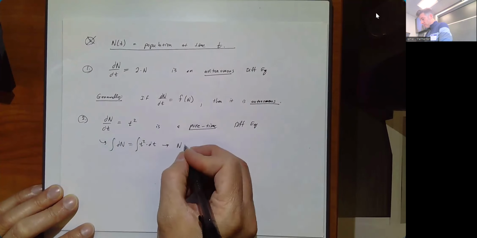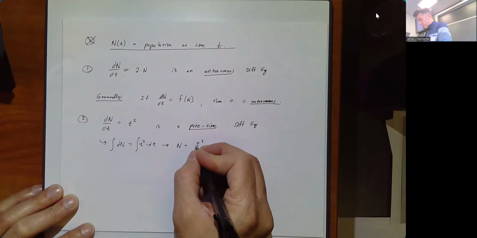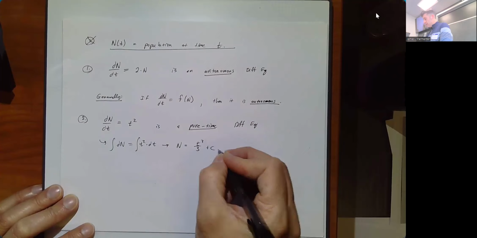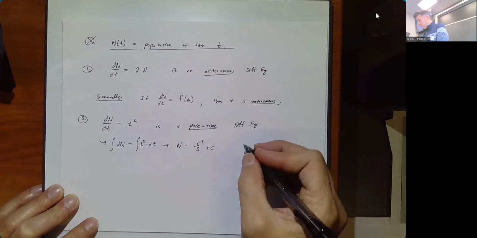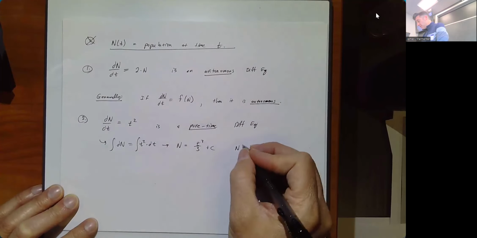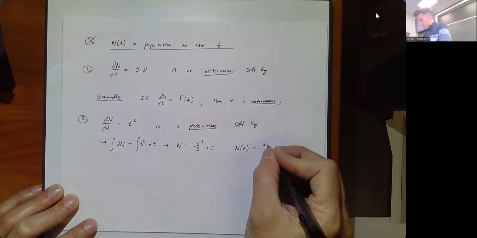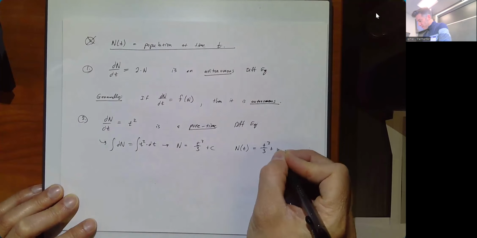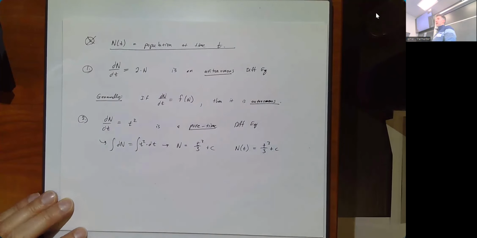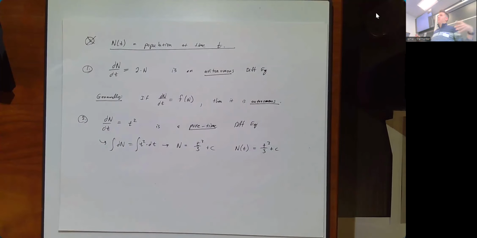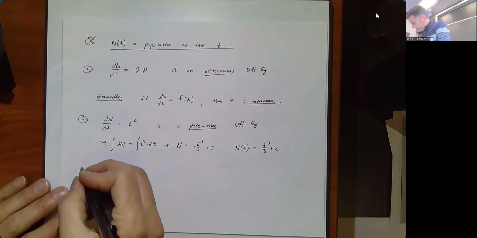The integral of t squared is t cubed over 3 plus a constant. So our solution here would be that the size of the population n at time t is just t cubed over 3. Which again seems weird to have a population growth that is unrestricted based purely on time. It seems unrealistic. Anyway, not the point.